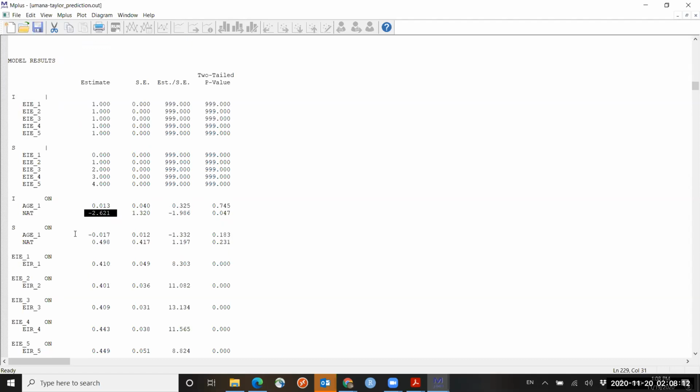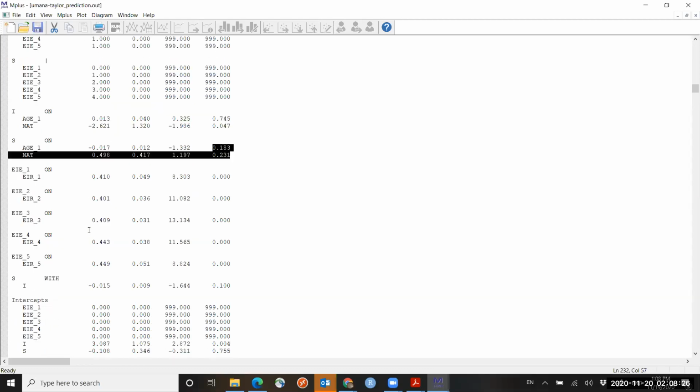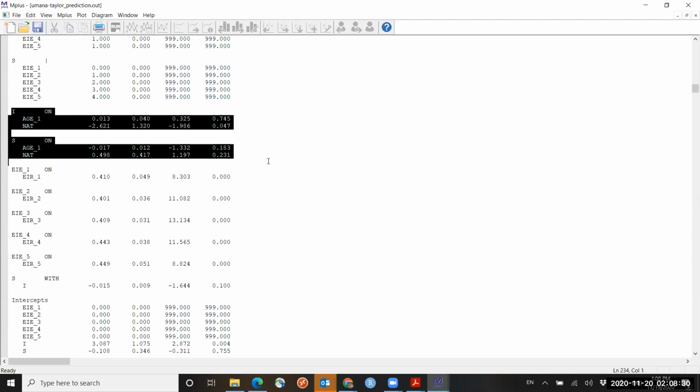Now, for the slope, there is no effect of age or nativity because both coefficients here are not statistically significant. So this is for the time invariant covariates.